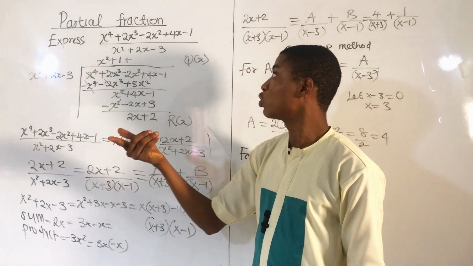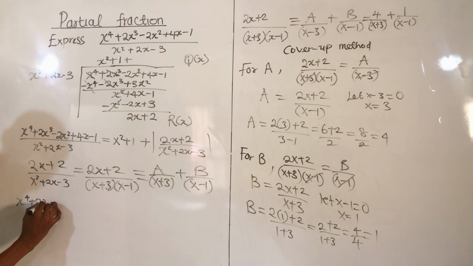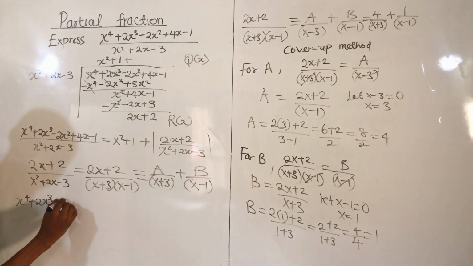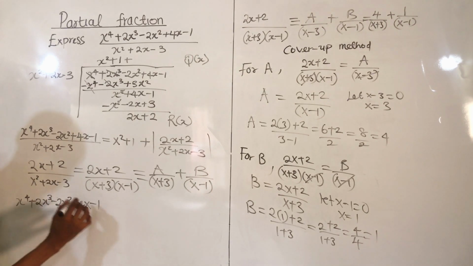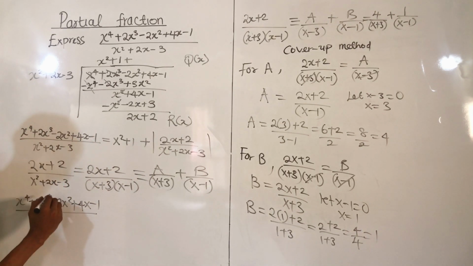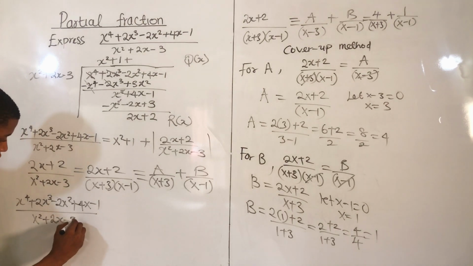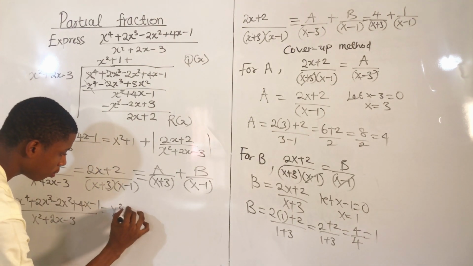Express into partial fraction. Given from the equation, x to the 4 plus 2x cubed negative 2x squared plus 4x negative 1 all over x squared plus 2x negative 3. Of course, we said that is equals to x squared plus 1.